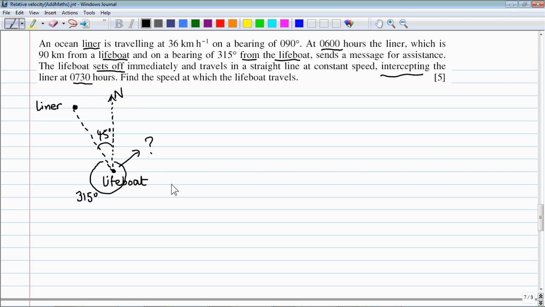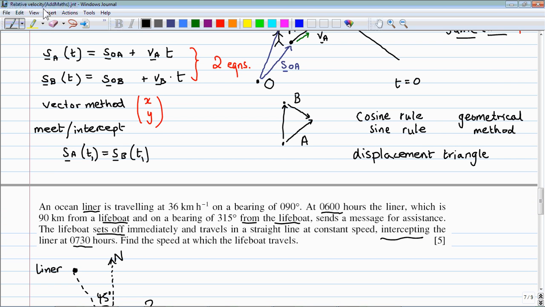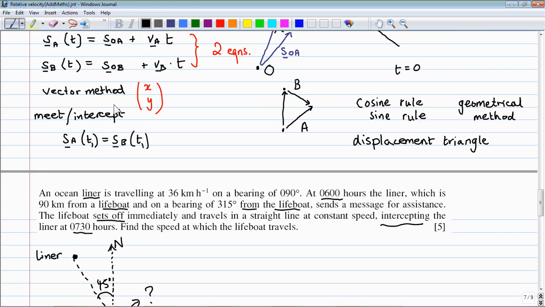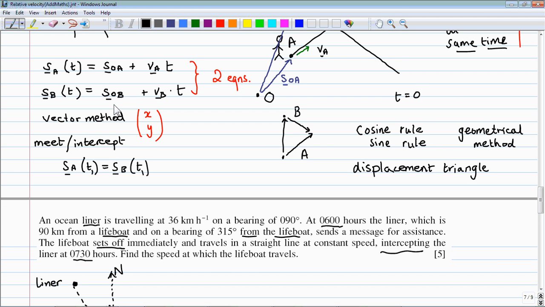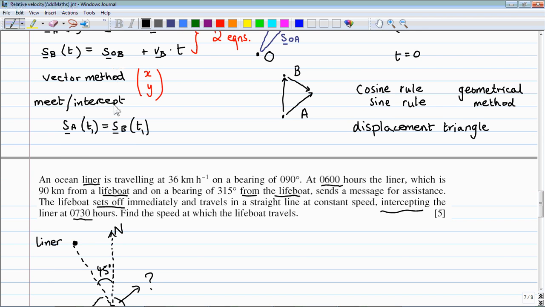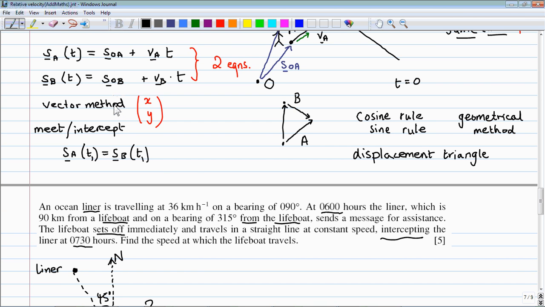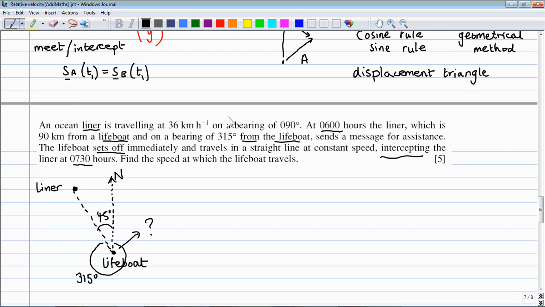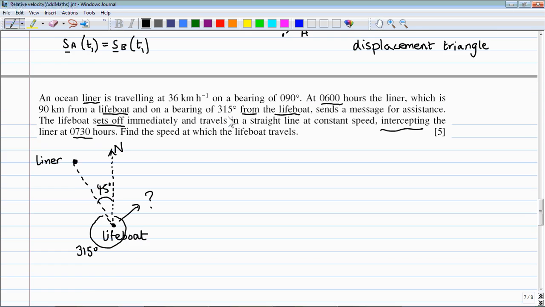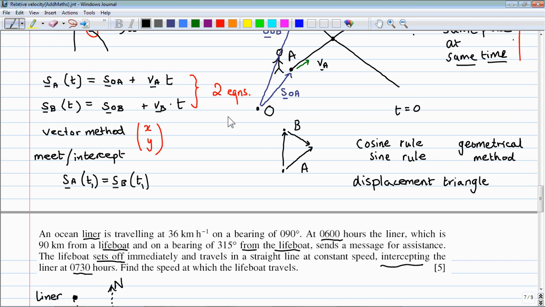And because I'm going to use this vector method that I mentioned up here, I'm actually not going to need to calculate anything about the angle of the lifeboat. Let's say I won't need to calculate it explicitly. It will come out of the calculation, of course. So I'm not going to draw a triangle as the examples in the book will.